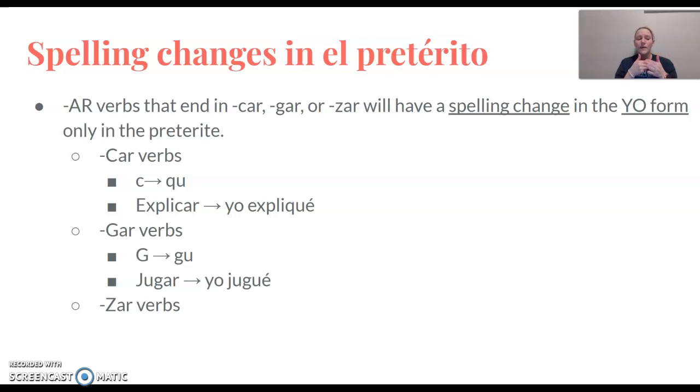But you have to know that we cannot have the letter combination ZE in Spanish. We have to change the Z to a C. So empezar becomes empecé. And again, this is only in the yo form, because your other endings for AR verbs, like your A's and your O's, aren't going to affect the sound of your C's, G's, and Z's.